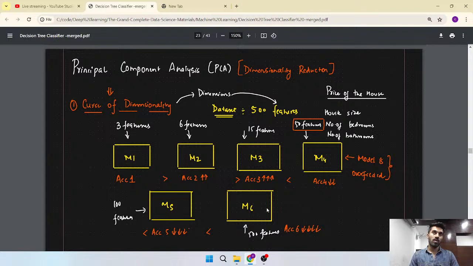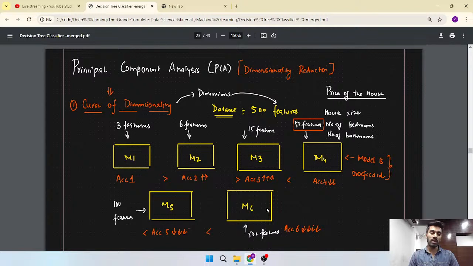Now suppose I am asking for this and I am giving you 50 features. At a time, after 20-30 features, you will get confused, like he wants this, and you can't remember all of these things.